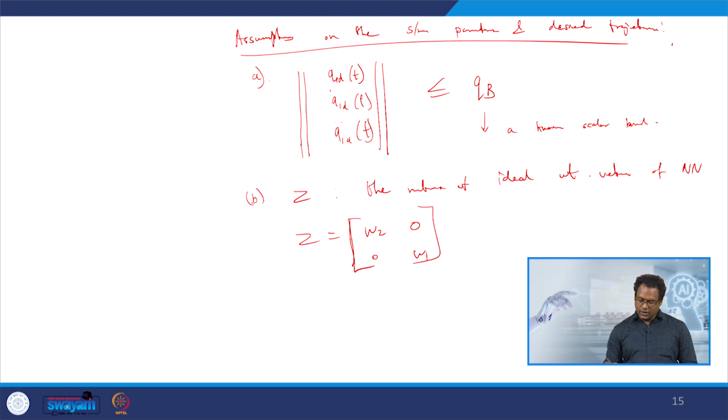Here the ideal weights are constants and are bounded so that the Frobenius norm of the matrix Z is less than ZB. ZB, as I mentioned earlier, is a known bound.